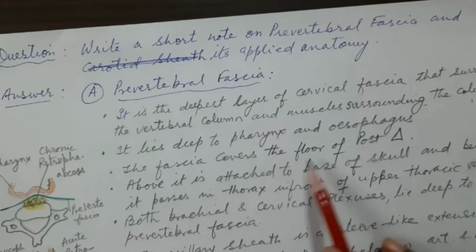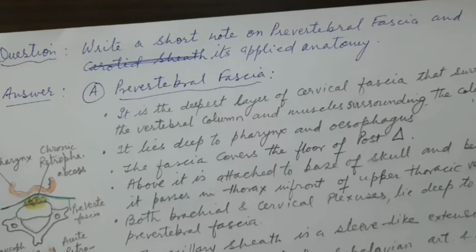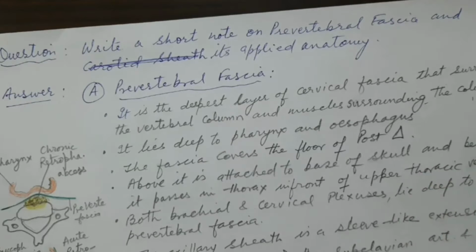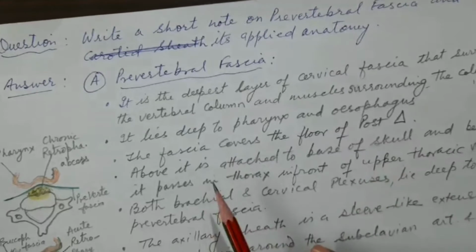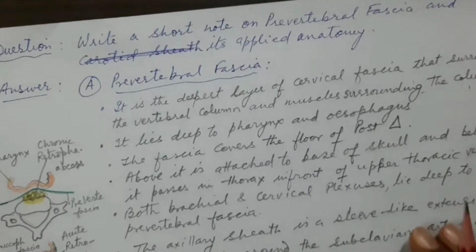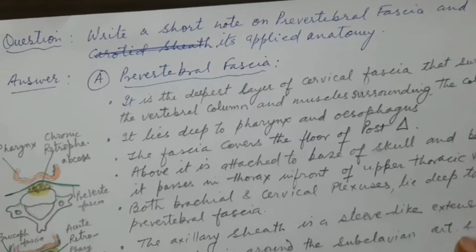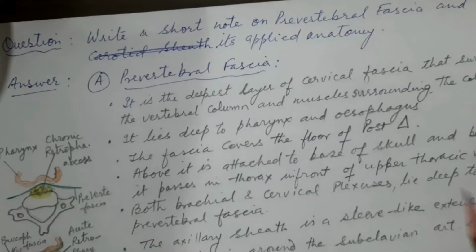Now, this fascia covers the floor of the posterior triangle, which I have shown you in the diagram and explained. Deep to the floor there are the paravertebral muscles. Now, if we see this fascia in its vertical extent, till now we were seeing the prevertebral fascia in its horizontal extent.